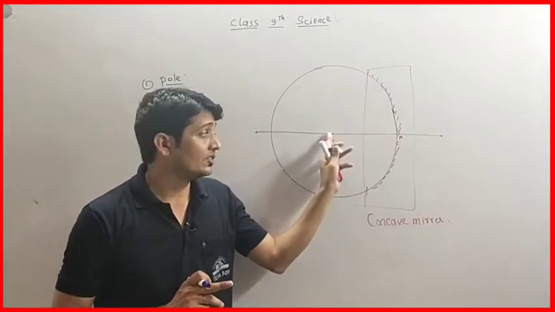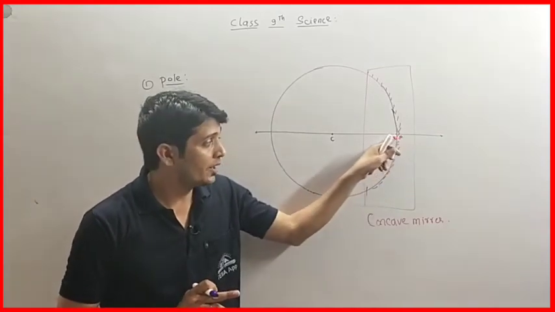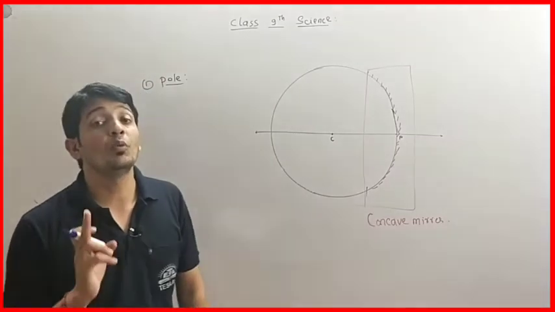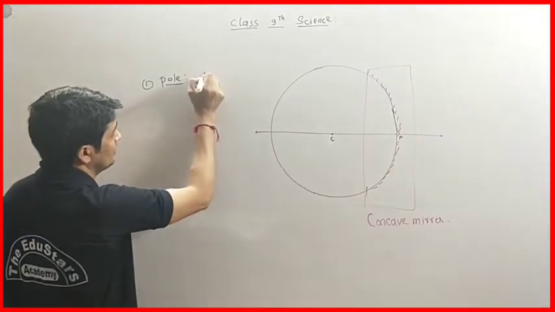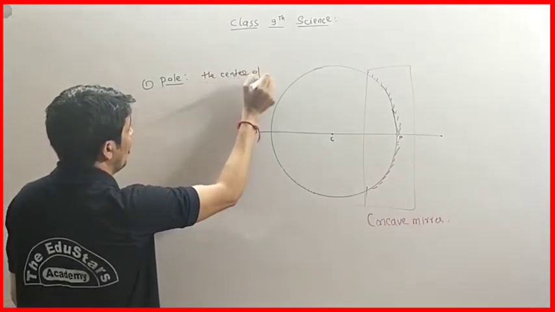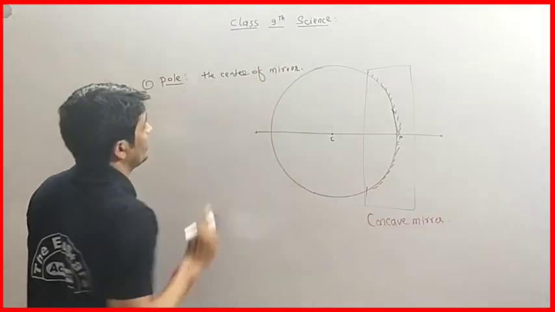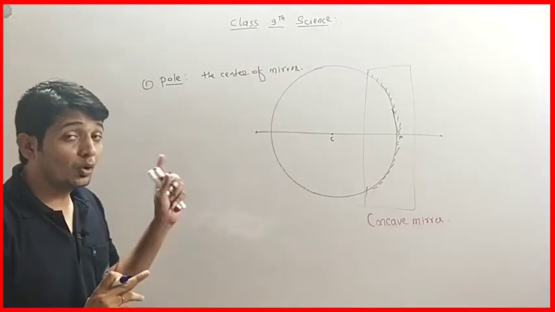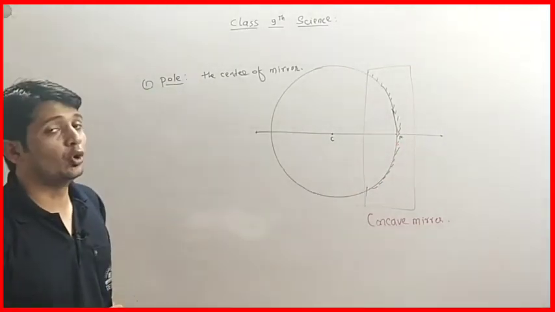This line passes through this center. This particular point is called the pole of the mirror. So what is pole? The center of the mirror is called the pole.